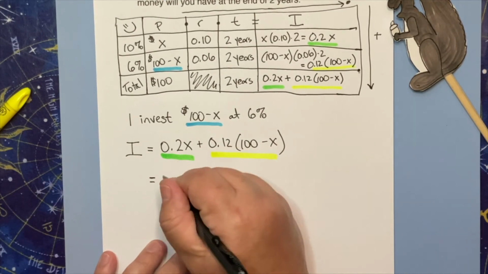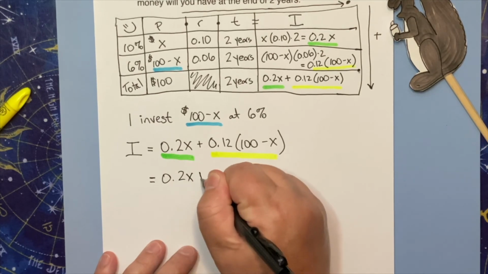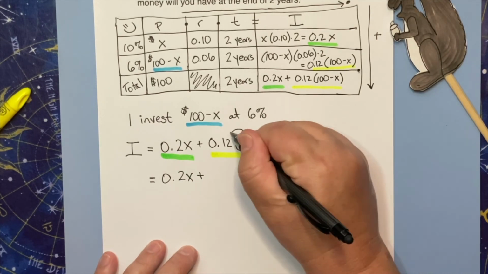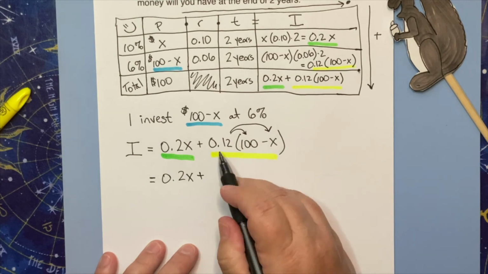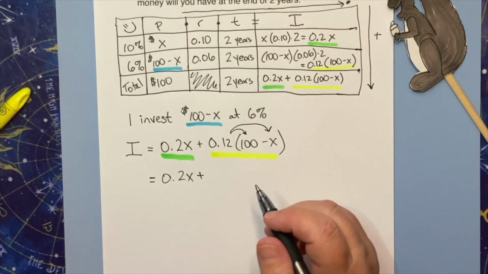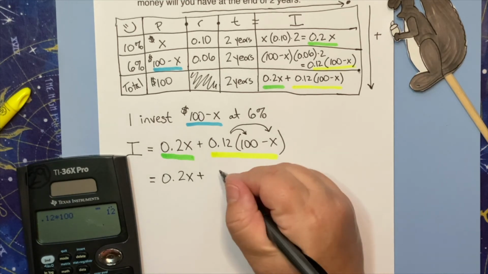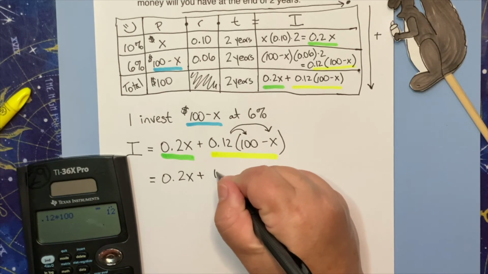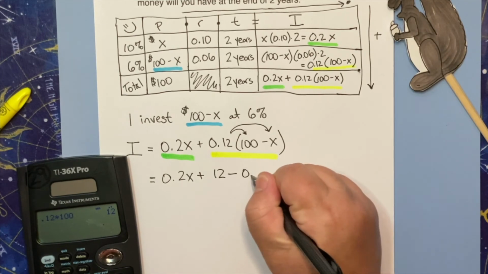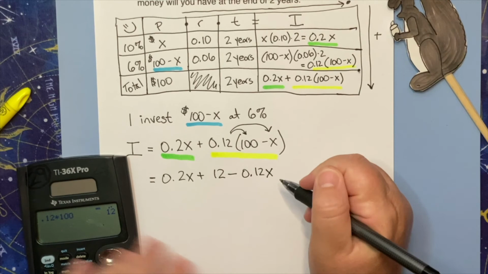So 0.2x plus, and I'm going to go ahead and multiply out, 0.12 times 100. Hopefully that is not too hard. A lot of people could figure that out. Not everyone. But if you can't, we've always got the calculator to double check. We get 12. So 12% of 100 is 12, minus 0.12x.